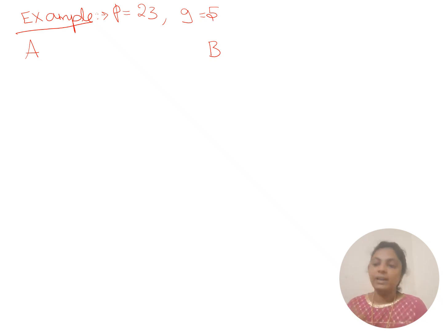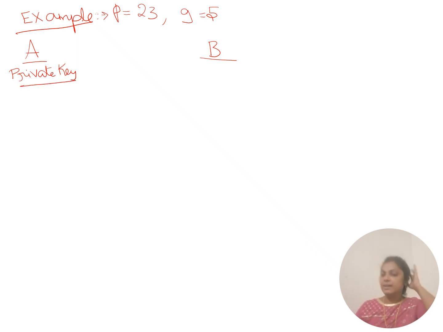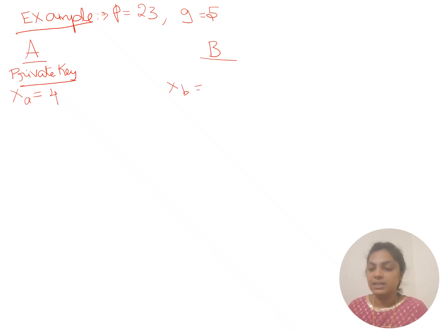The very first step is they are randomly choosing a private key. I'm giving the notation XA for Alice's private key, which is 4, and Bob's private key is 3. With this chosen private key, they both are calculating the public key for themselves.